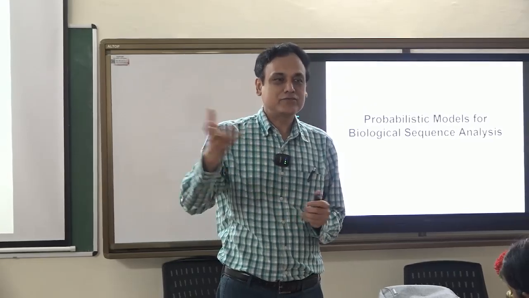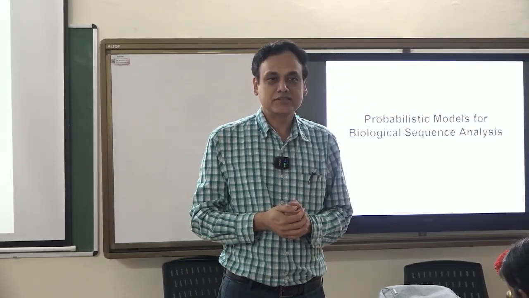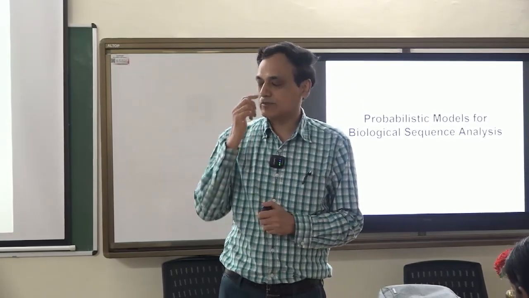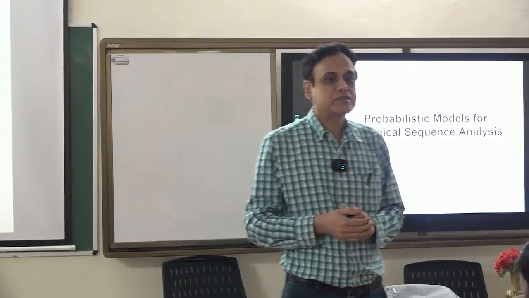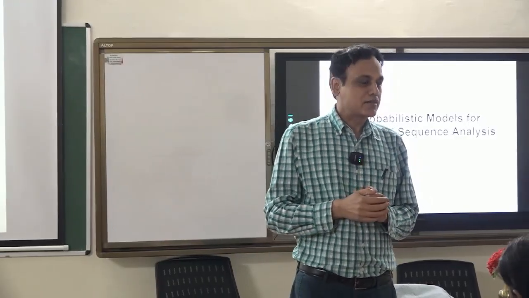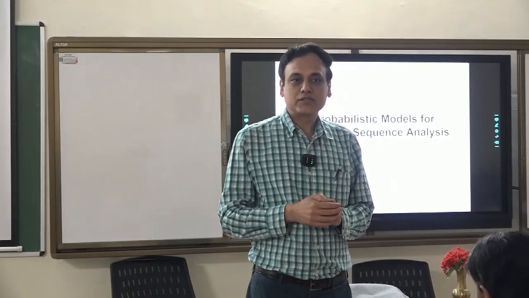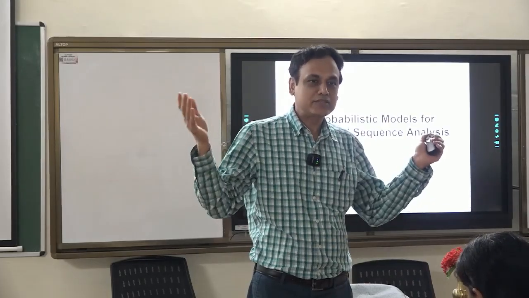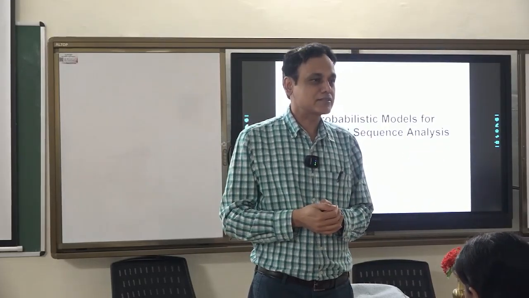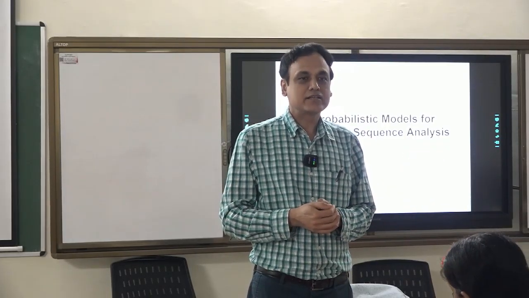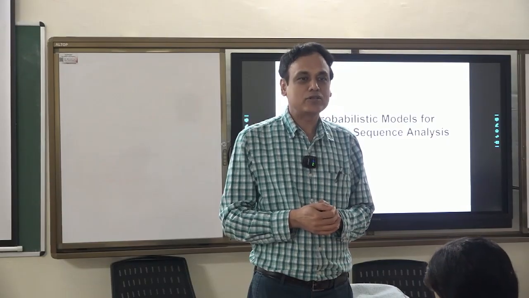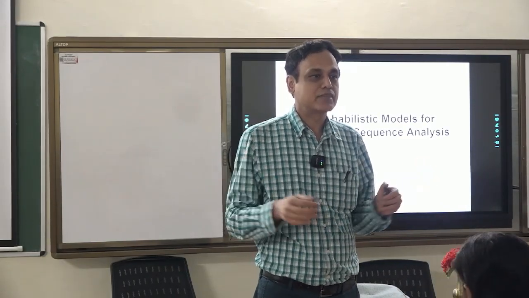For DNA, 4 symbols, A, T, C, G, and for protein, 20 symbols. So people from many disciplines like mathematics, physics, statistics treat these molecules as symbolic sequences.